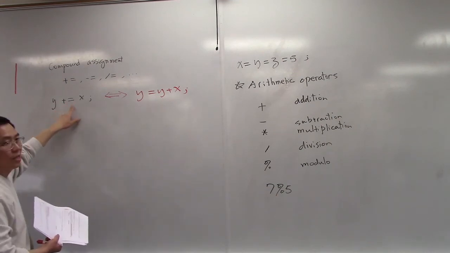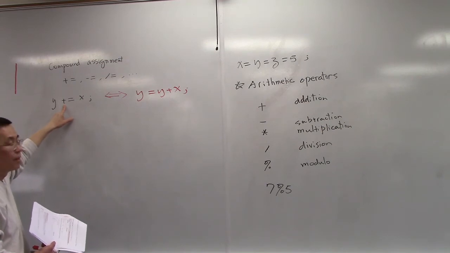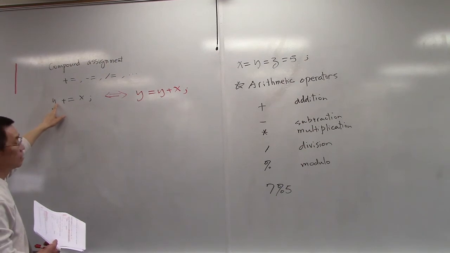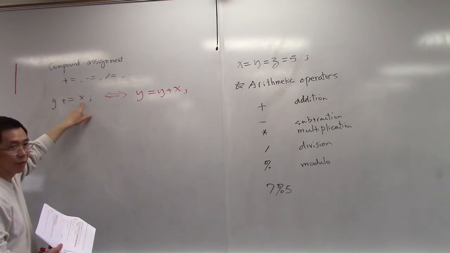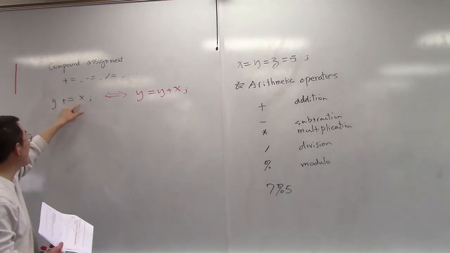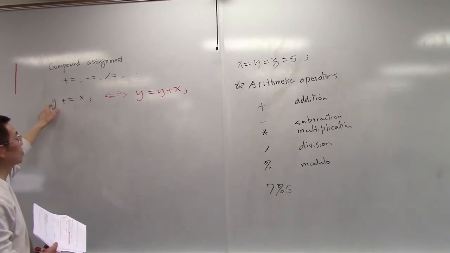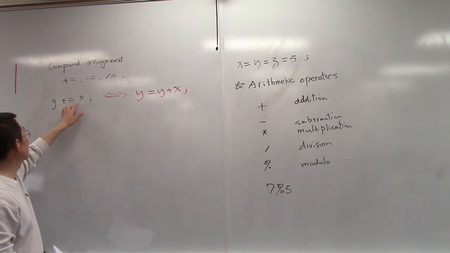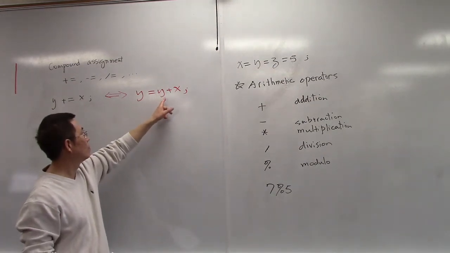So that plus equal means the operator is applied to the variable in front of it, and then adds the variable on the other side of the equal sign. And after completing this operation, assign the value to y. Okay? And therefore, y plus equal x is totally equivalent to y equals y plus x.